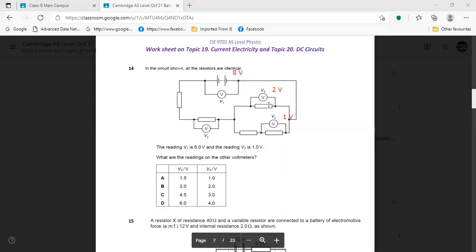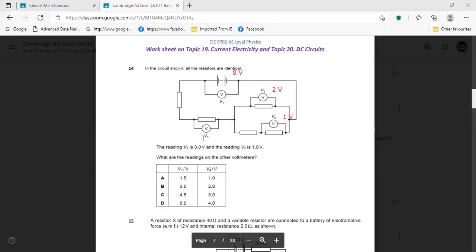Okay, then out of 8 volt, we got 2 volt here, right? Yes. And the rest of the volts will be here, 6 volt, right? In V3 and another resistor, they will share equally because they both are identical. So if they both share 6 volt, then each of them will get 3 volt.